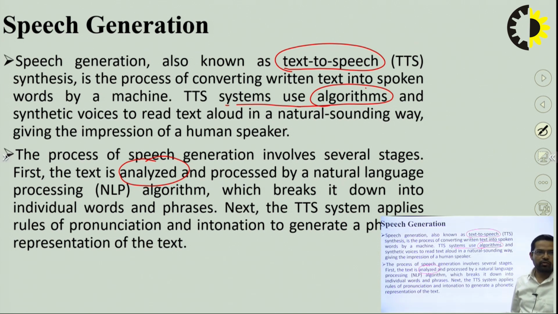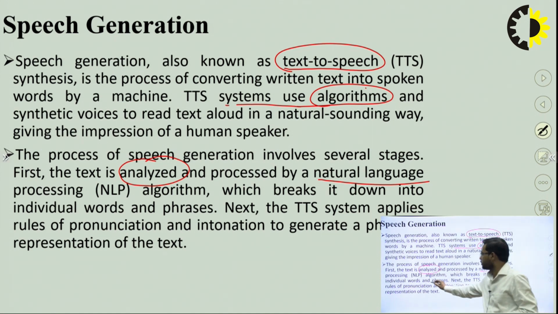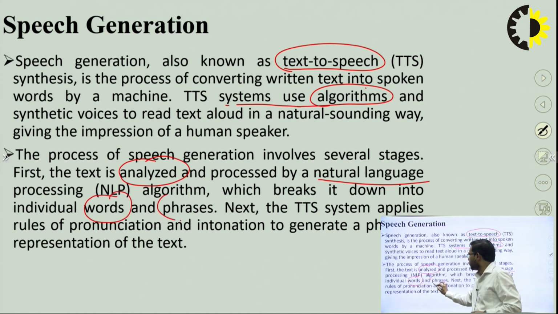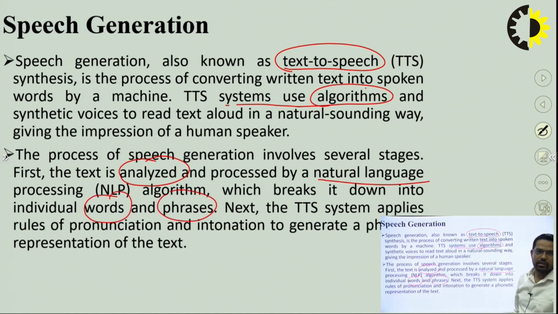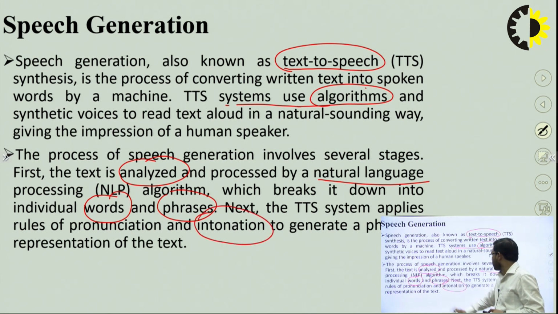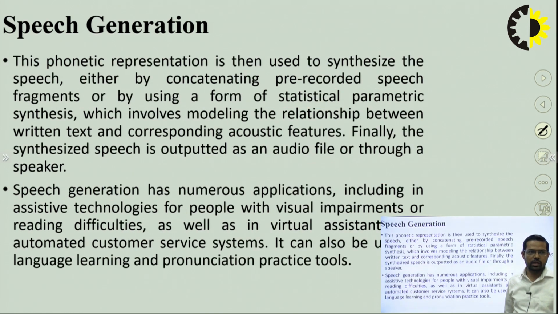In speech generation, first the text is analyzed and processed by a natural language processing, NLP, algorithm, which breaks it down into individual words and phrases. Next, the TTS system applies rules of pronunciation and intonation to generate a phonetic representation of the text. Okay, so basically that is the first step.